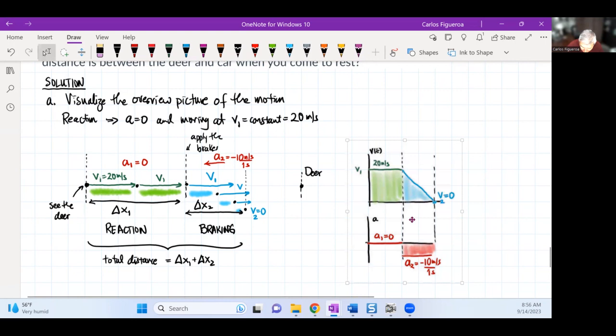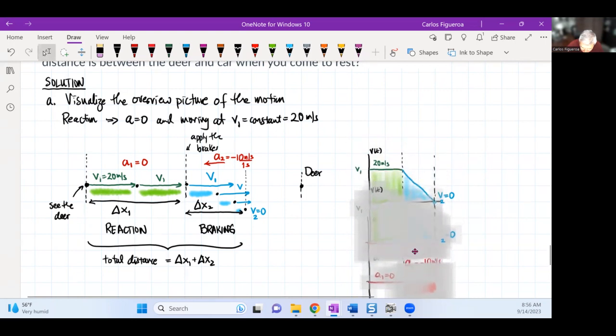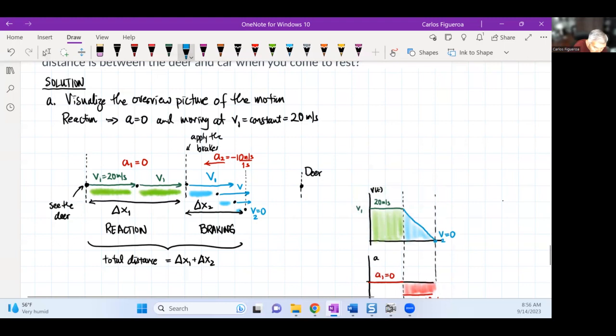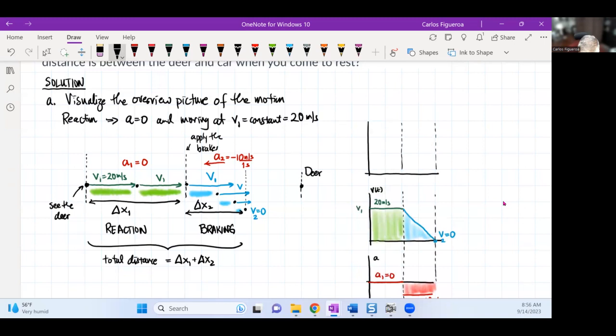And if I come in here and lightly plot the position curve, what do we know about it? The position curve says that the car is moving at a constant velocity. What do we mean by constant velocity? That means this is a linear line like this. And then the slope has to start to decrease.